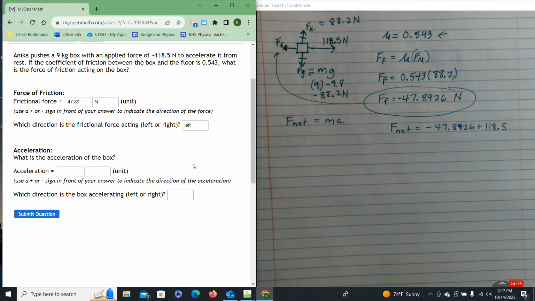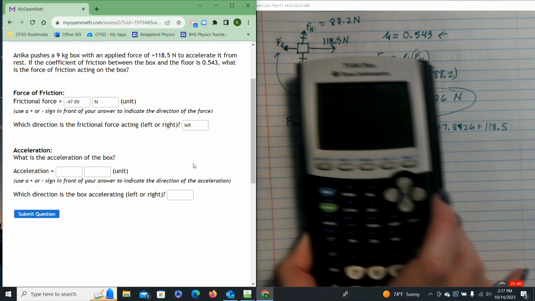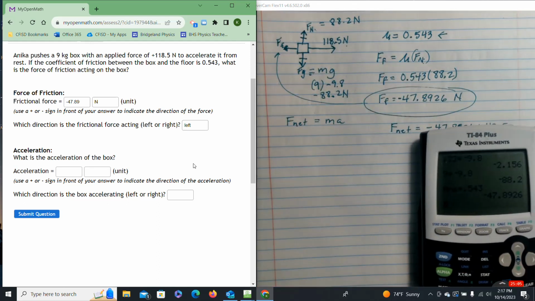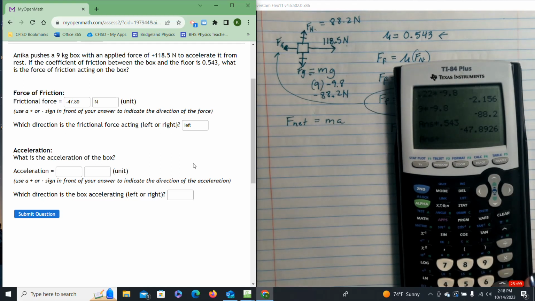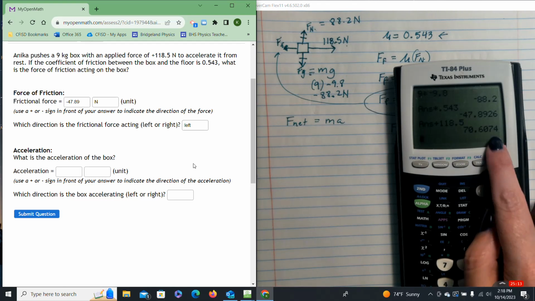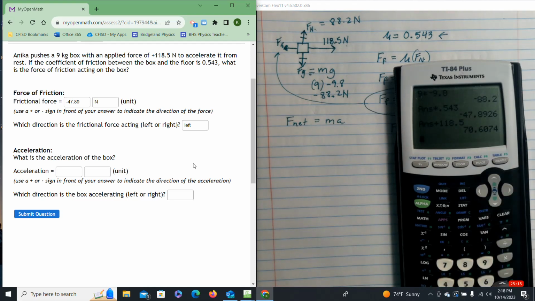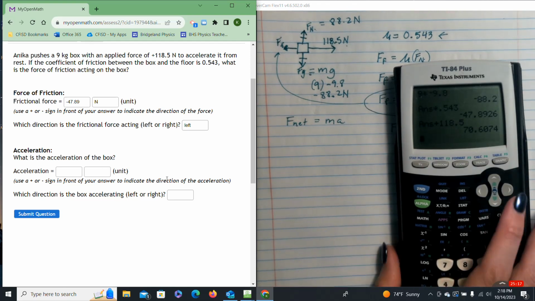Again, I don't have any forces to consider here because I already know those cancel. When we do our net force, we do have to analyze horizontal and vertical separately. All right, so I need to take my negative 47.8926 and add 118.5. When I do that, I get 70.6074, and that is my net force.